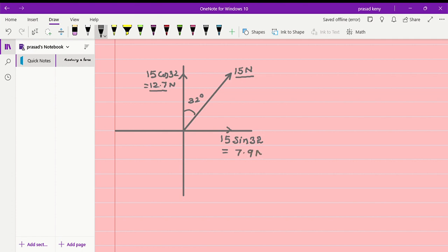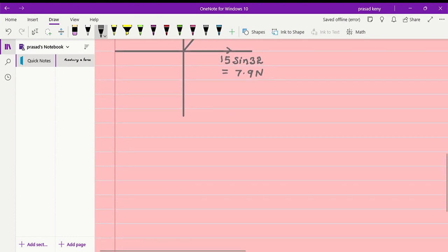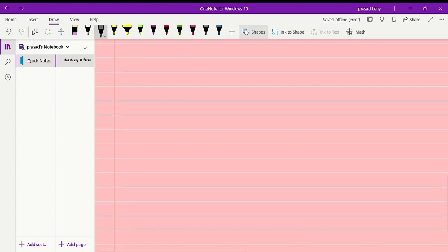I have purposely given you this problem to make it clear that it is not always necessary that the horizontal component is cos. Along the adjacent side of the angle there will always be a cos component, and in the same quadrant perpendicular to the cos component, there will be a sin component. Take one more problem here.